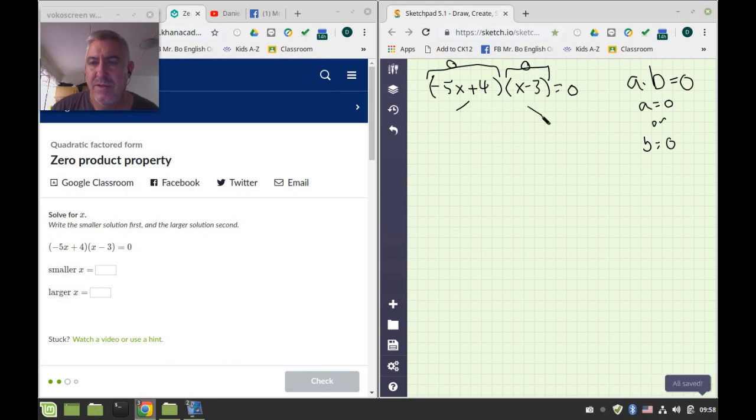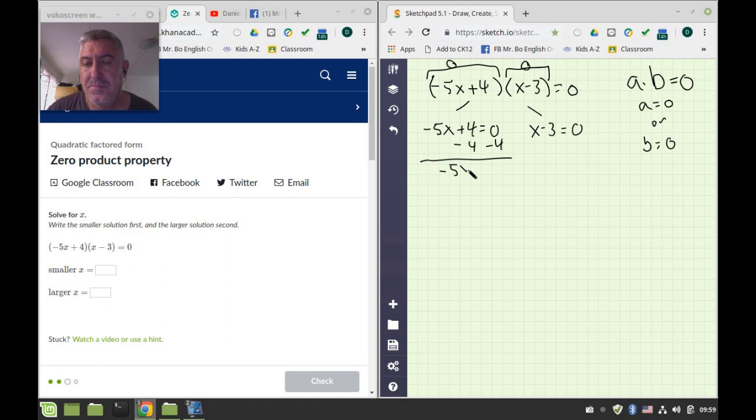So I'm going to divide those up into two equations. Or x minus 3 equals 0. So one of these is true, and maybe both are true. But if they have different answers, then they can't both be true at the same time. So one or both are true.